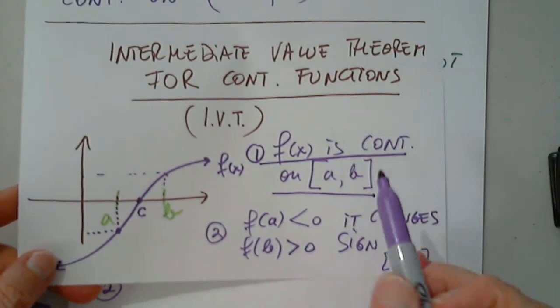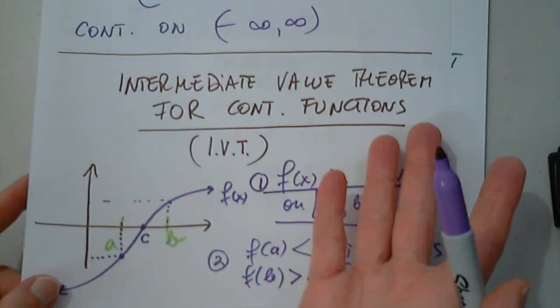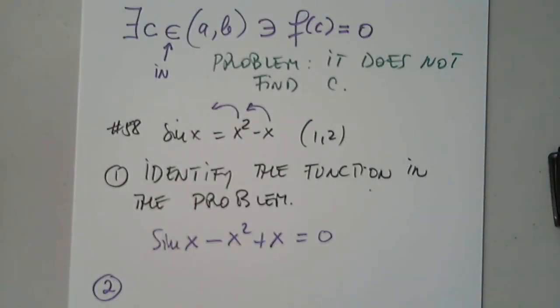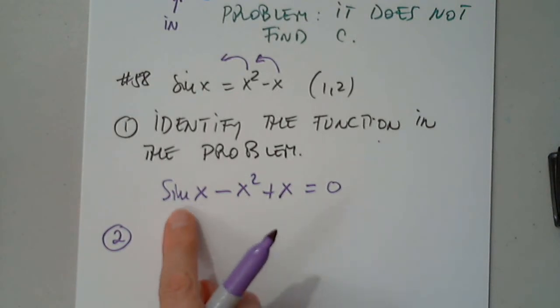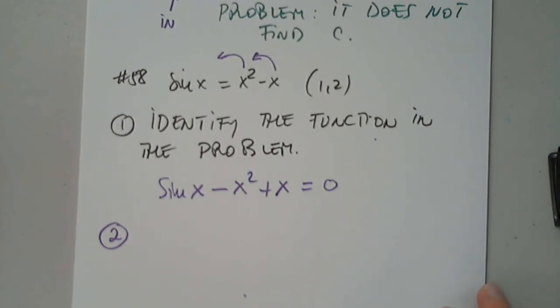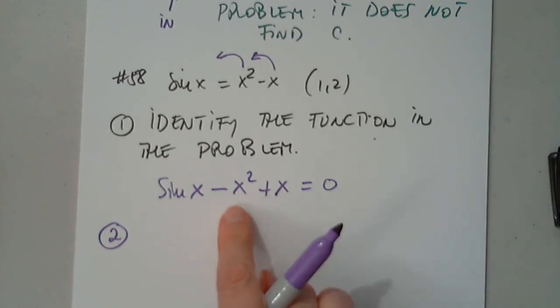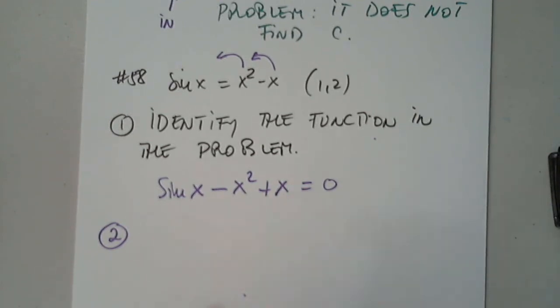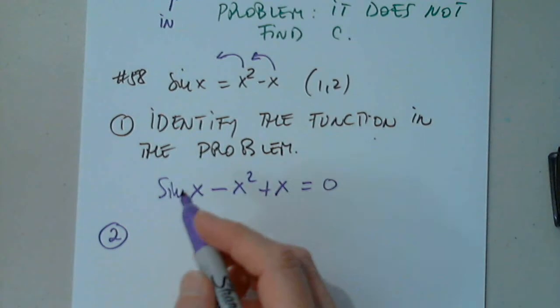In number 2, the first hypothesis. If it's not continuous, the IVT fails. I can't apply it. Is sine continuous everywhere? Yes. Are negative x squared and x continuous everywhere? Yes. So they are continuous.